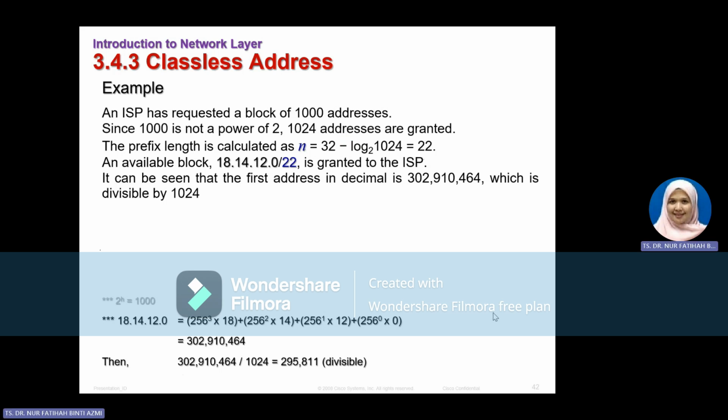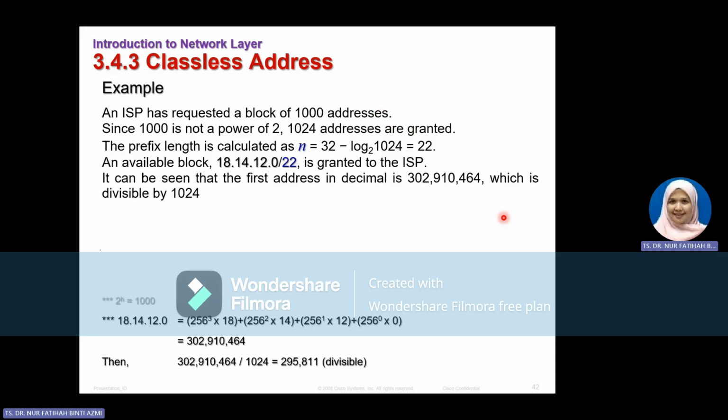So the total number of addresses in a block is 2 raised to the power of the number of host bits. So N is equal to 2 to the power of 32 minus n.